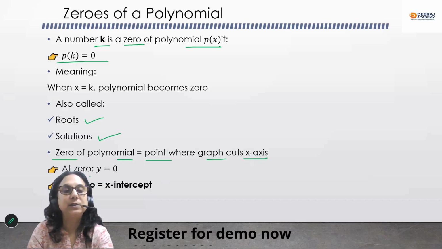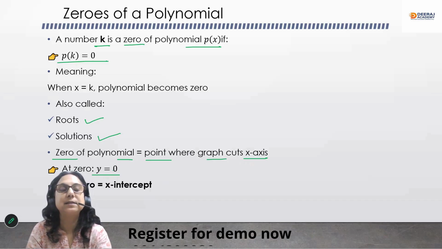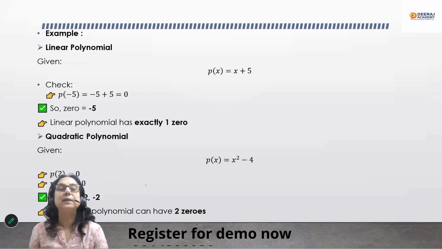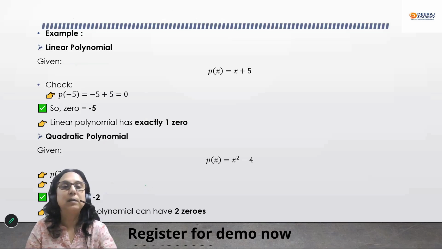At these points y is always equal to 0. These roots or solutions of the equation are the zero values. So the x-intercept gives us the zeros of the polynomial.